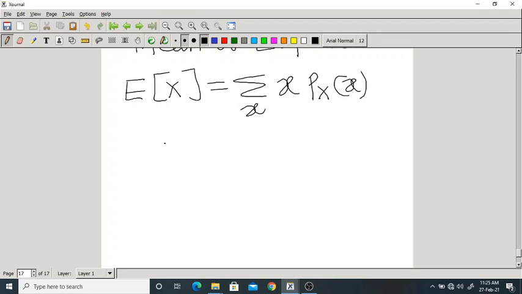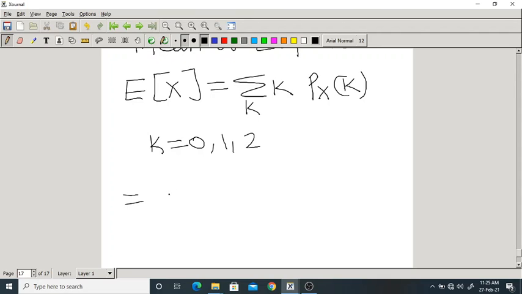Now, for your understanding, let me write k only here. Small k, Px of k. Okay. Now k varies from where to where? k can be 0 or 1 or 2.